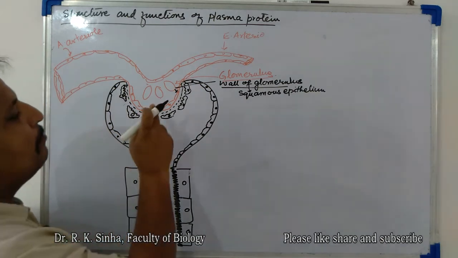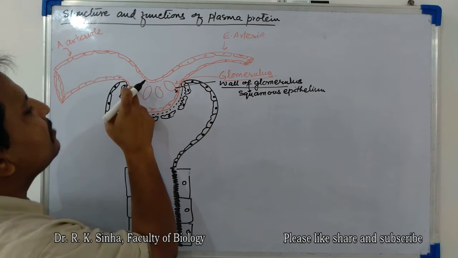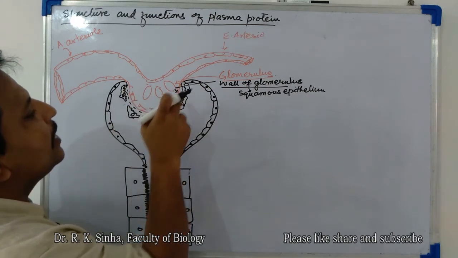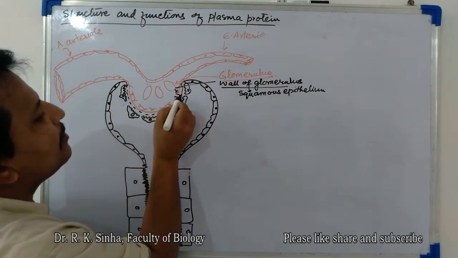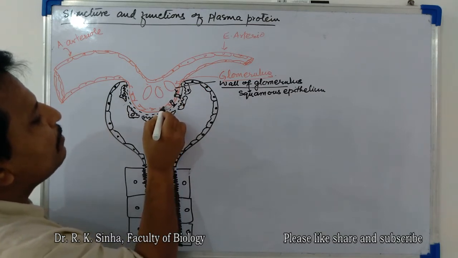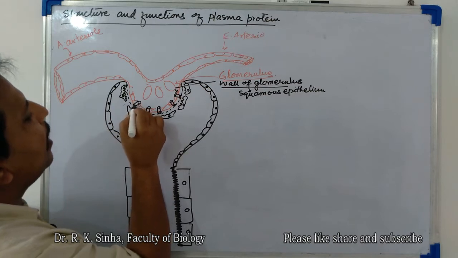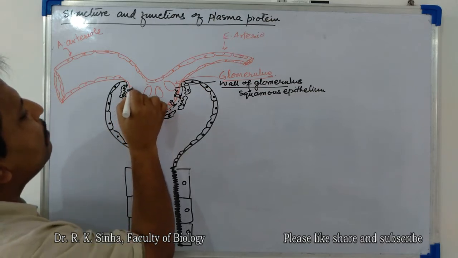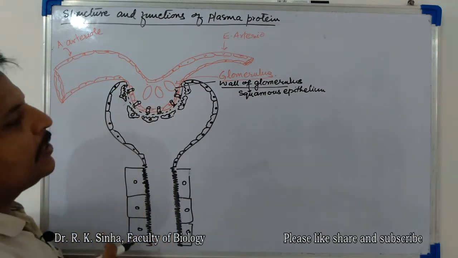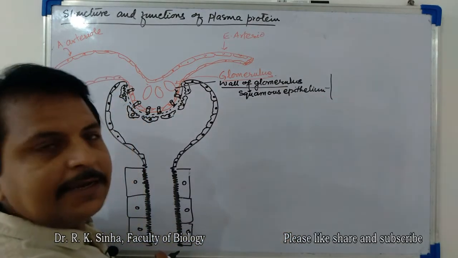It contains many pores, meaning it is highly fenestrated. Pores will be present here in this squamous epithelium, like this. These are pores, so the squamous epithelium is highly perforated.